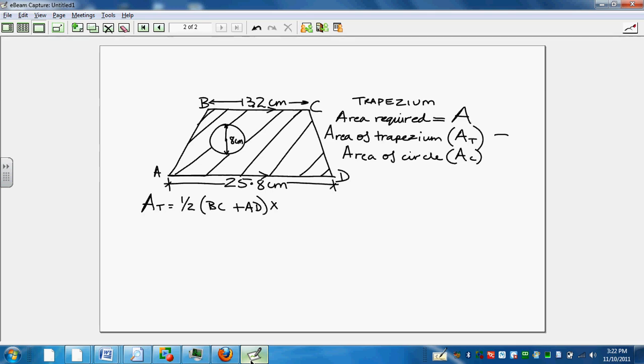Now, in this case, the perpendicular distance was given, I'll have to put it in, I didn't put it in as yet. The perpendicular distance was given in this drawing here. And that perpendicular distance was given as H, and H was equal to 16.5 centimeters.